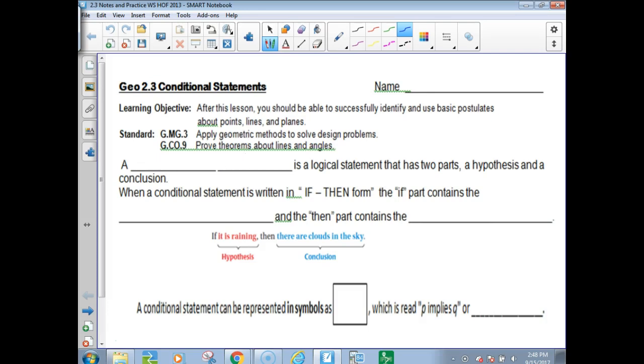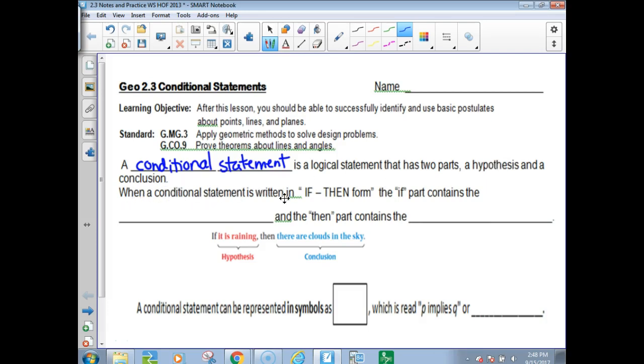Okay, a conditional statement is a logical statement that has two parts. It has a hypothesis and a conclusion.